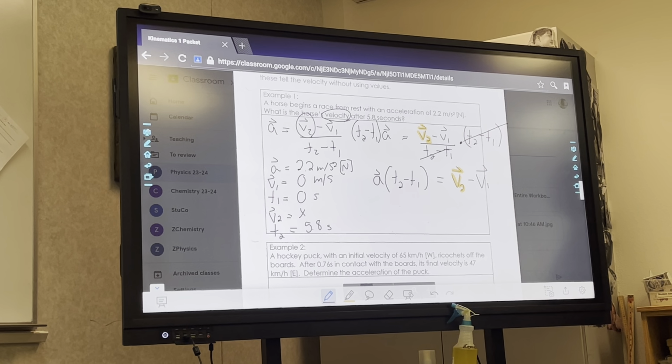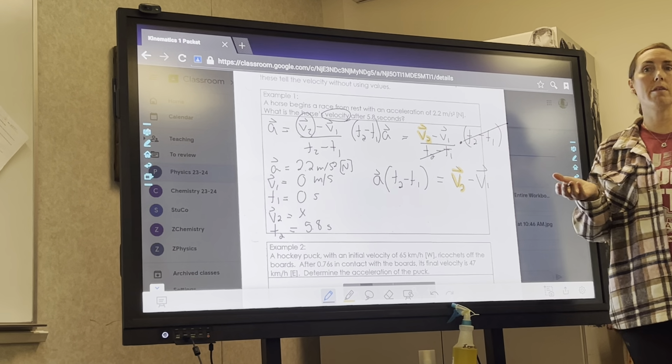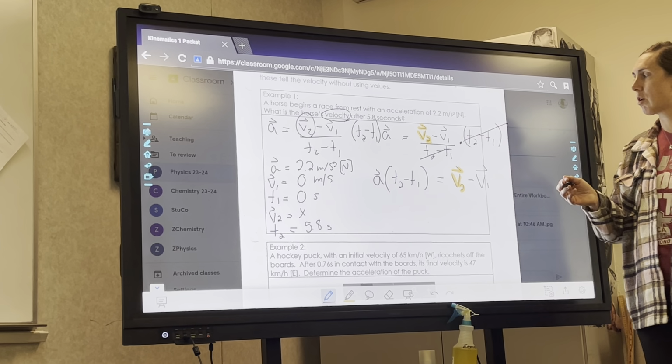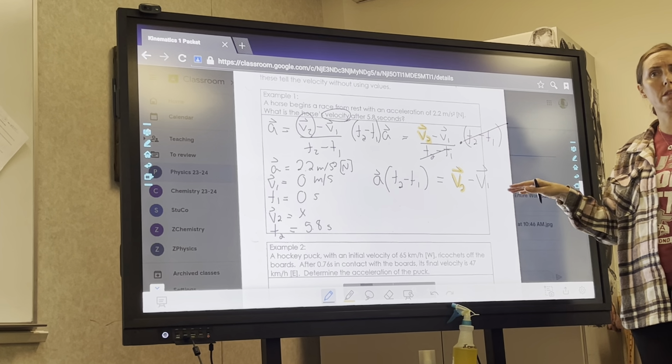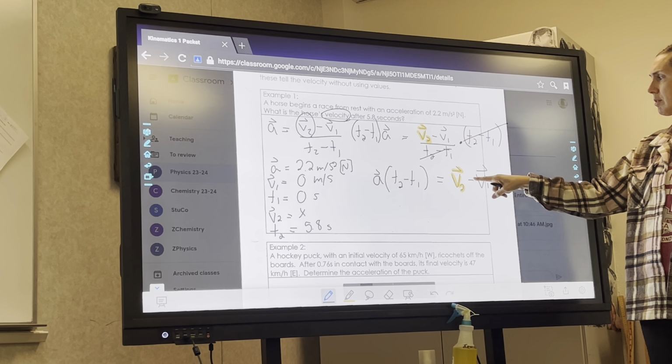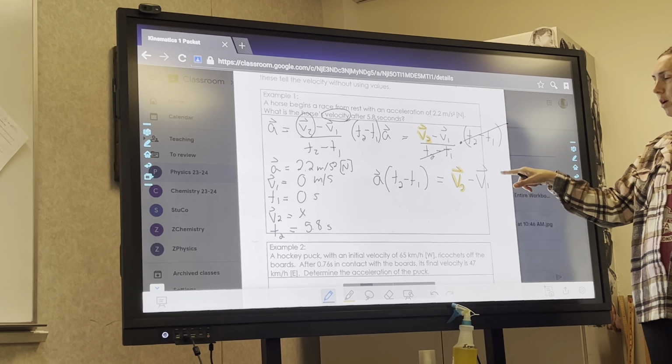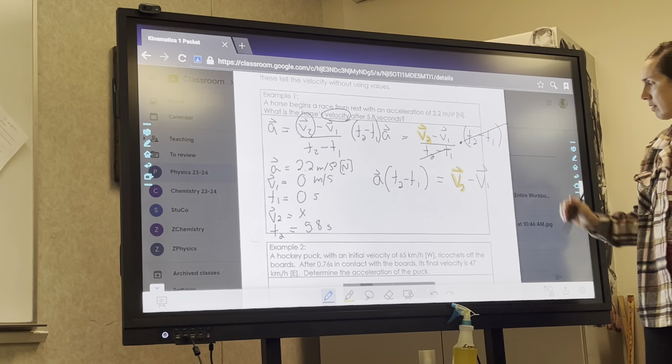Now how do we get V2 by itself? We have to get rid of V1. How are we going to get rid of V1? Subtract it to the other side, or divide? Nope, we don't divide. If I am subtracting V1 on this side, you add it on both sides, exactly.